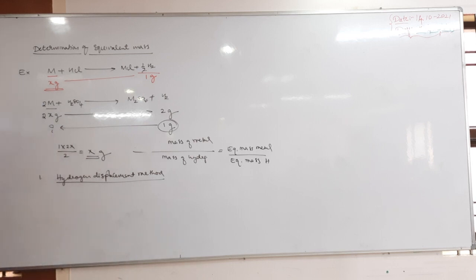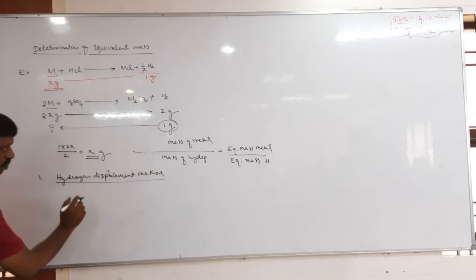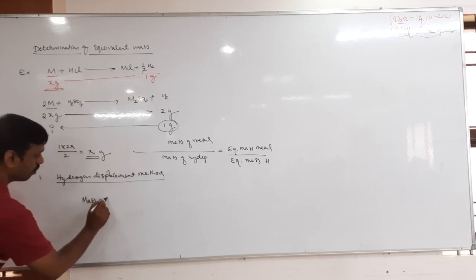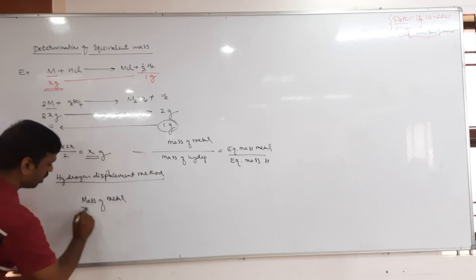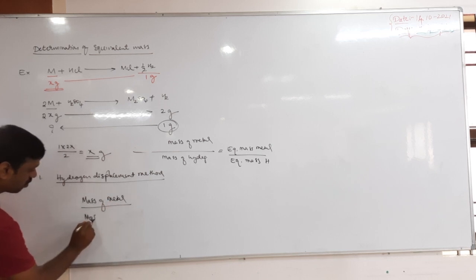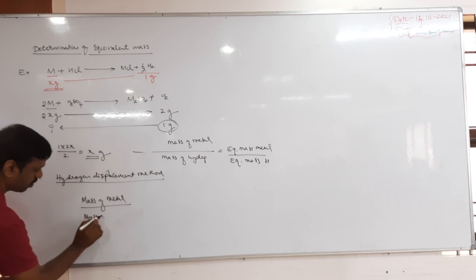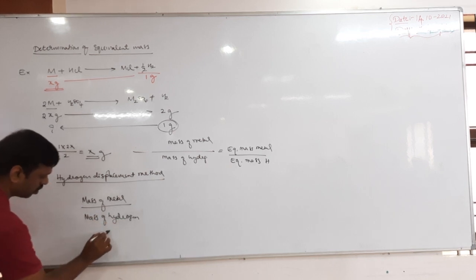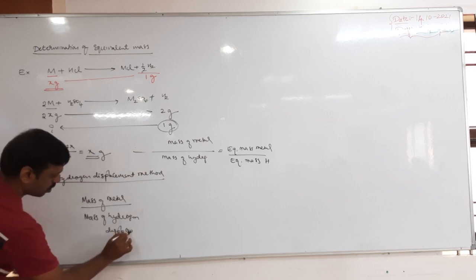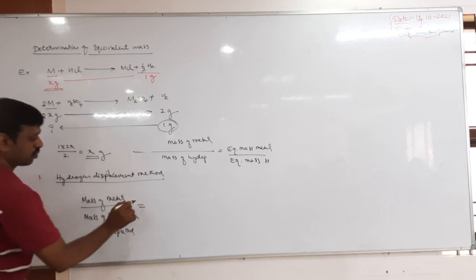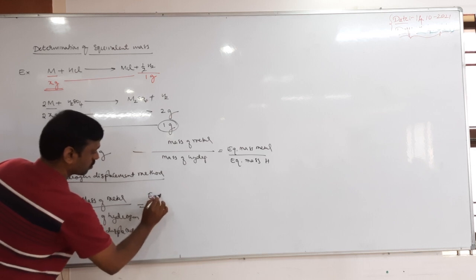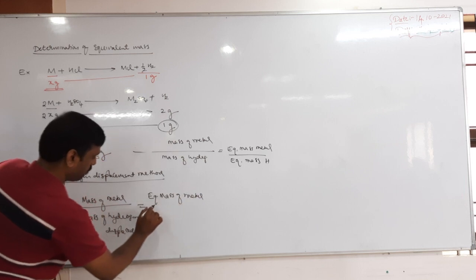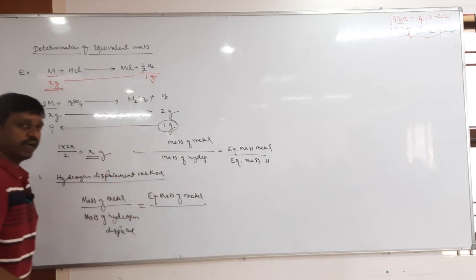So therefore the simple formula is, you should remember this: mass of metal by mass of hydrogen displaced equals equivalent mass of metal divided by equivalent mass of hydrogen.